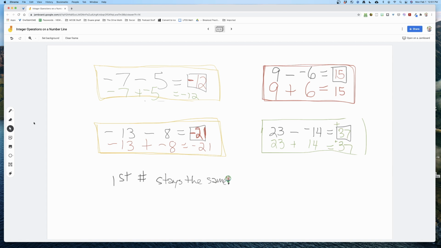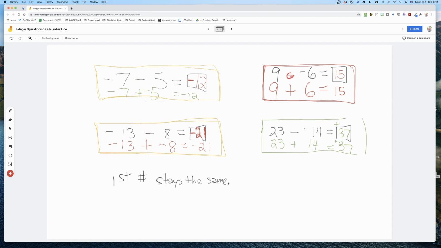Every single time, what else is going on here? Well, we know that the answers are always the same, aren't they? That's the whole point, right? The answer to the addition problem is always the same as the answer to the subtraction problem. We don't need to write that down, but that happens to be a true statement. Look at the operation. The minus sign becomes a plus sign.